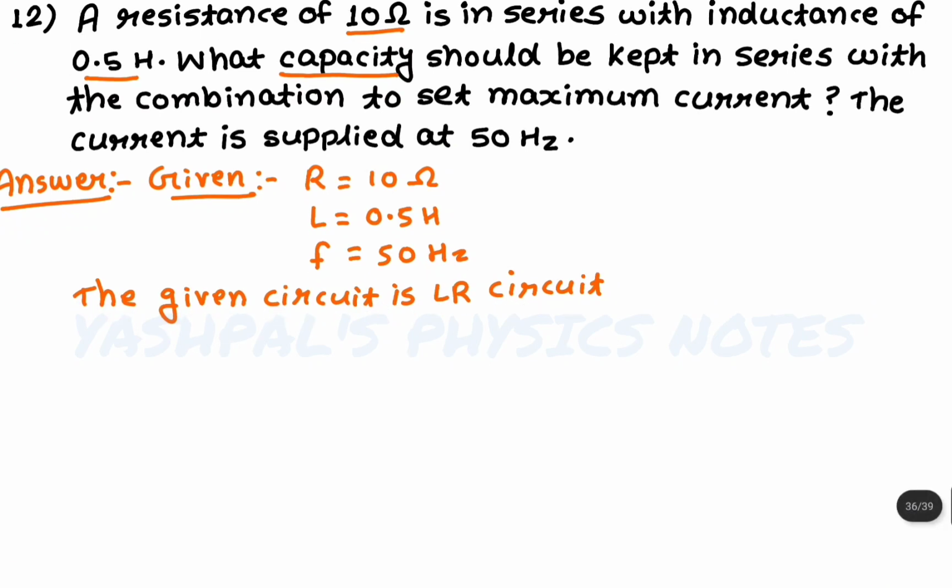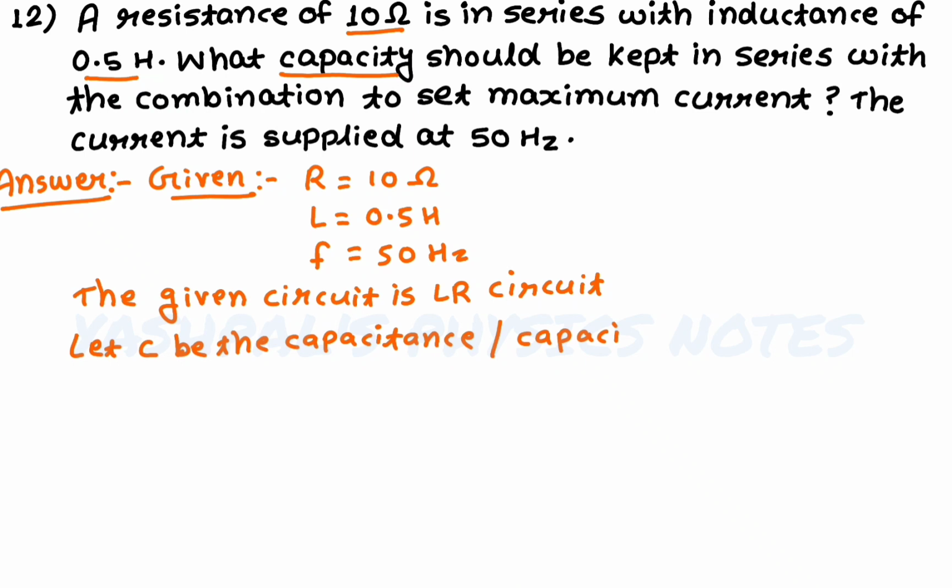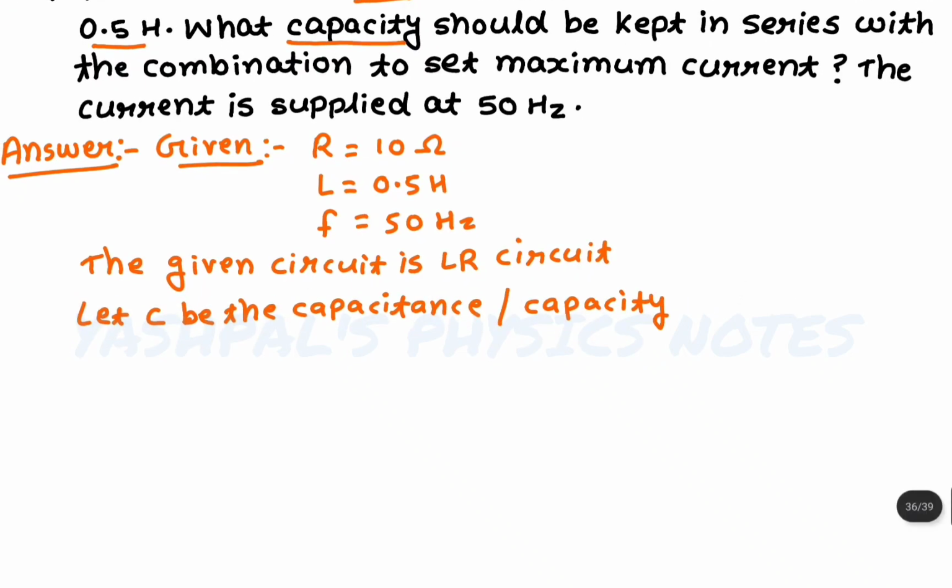Now let C be the capacitance. Or you can write it as the capacity, as asked in the question. So we have to find C, that is, we let some value C be our capacitance.